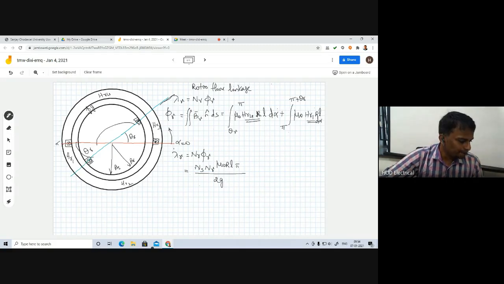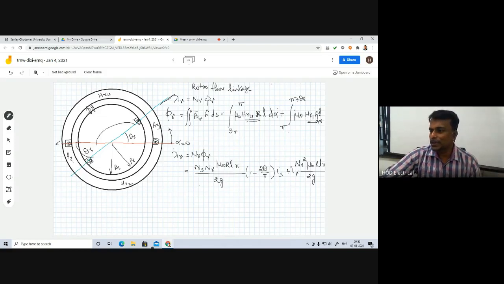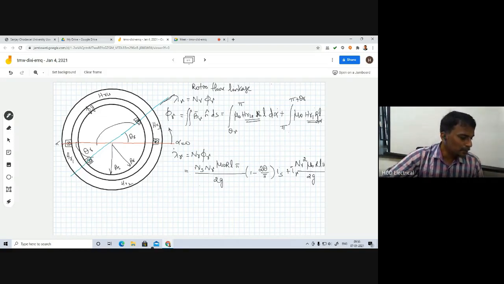So in the 1 minus 2 theta divided by pi into IS plus NR square mu naught RL pi divided by 2G into IR. 2G into IR will come. NR square mu naught RL pi into 2G.